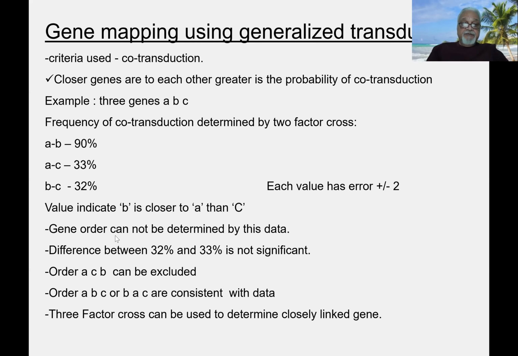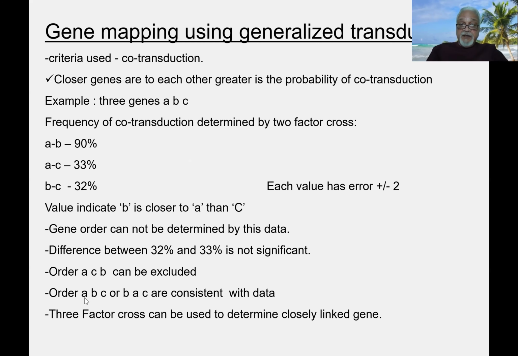And if we have to give a gene order, then one order can be ruled out straight. That is, A, C, B can be excluded, because we know that A and B are closer to each other than to C. So this order can be excluded, but then what can be the other two orders?